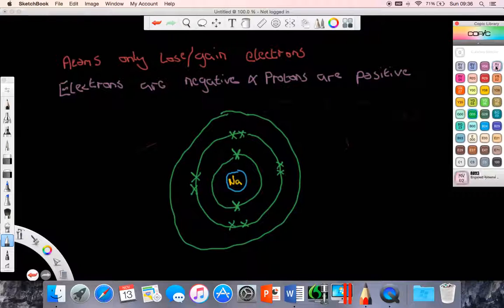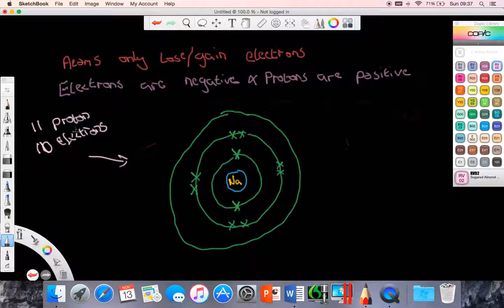Originally, sodium had 11 protons in its nucleus and it had 11 electrons. That's why it had a neutral charge. However, it's just lost one of these electrons. So this 11 electrons becomes 10 electrons.